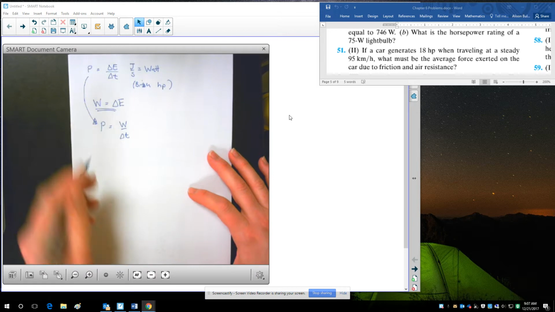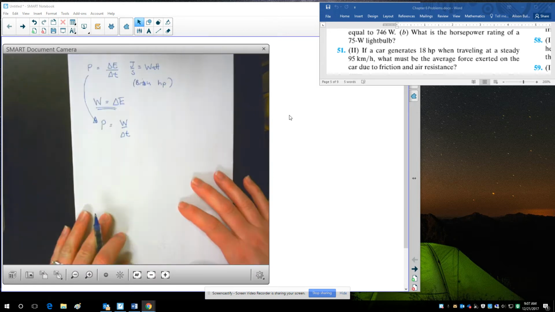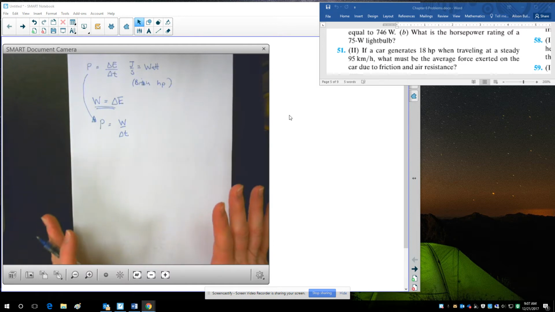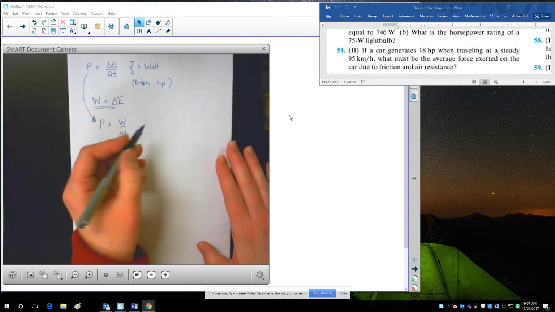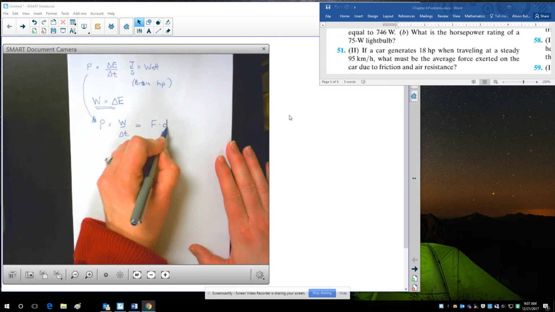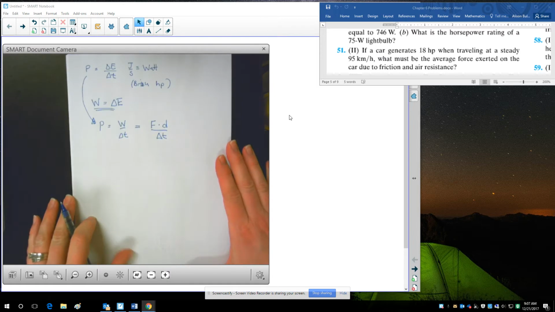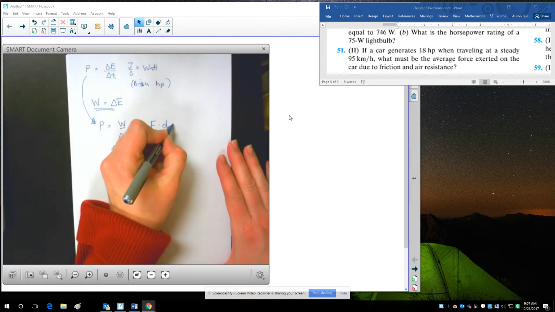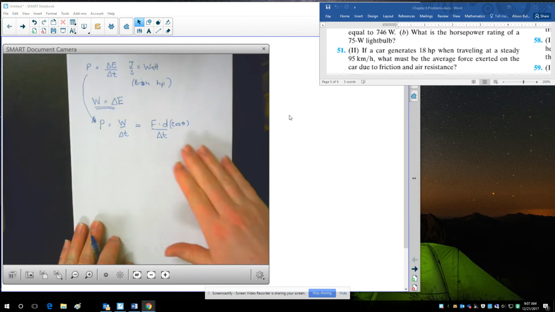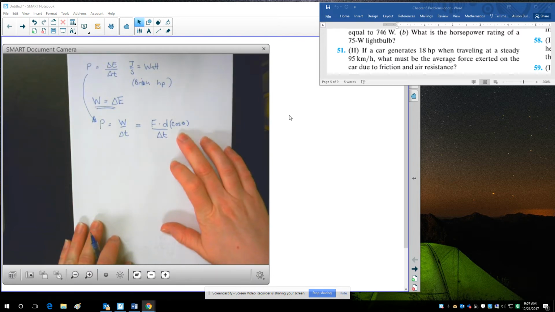And in terms of motors, that's more appropriate because motors do mechanical work, that's the point of a motor. So work, we also understand, is force times displacement, of course times the cosine of the angle between the two. But if we assume that the force is in line with the displacement, we can drop that cosine of theta.